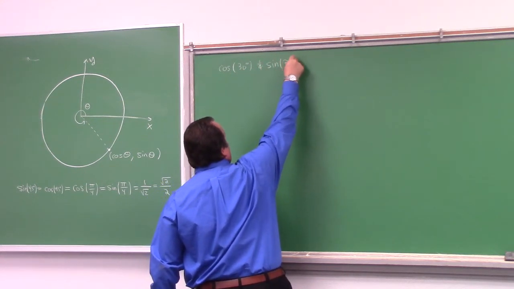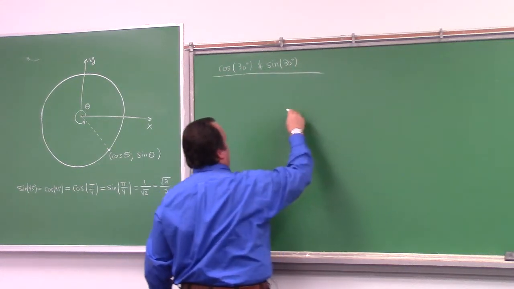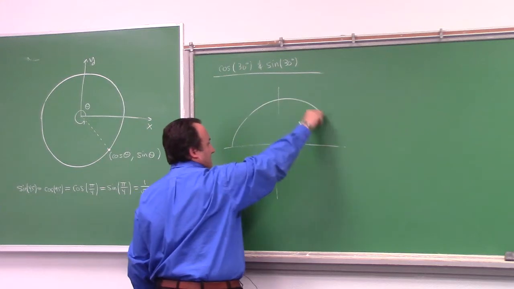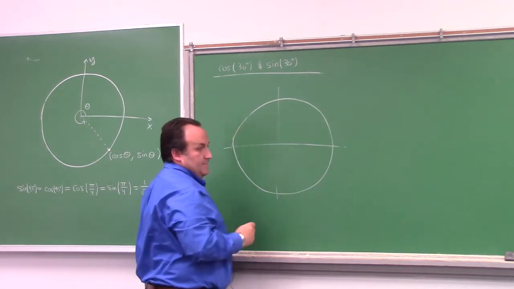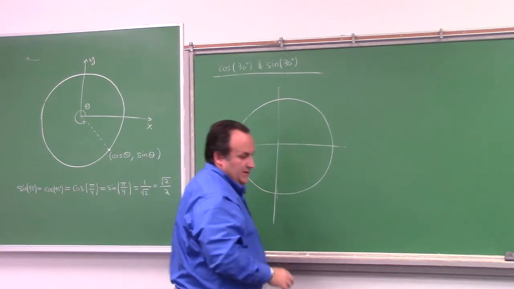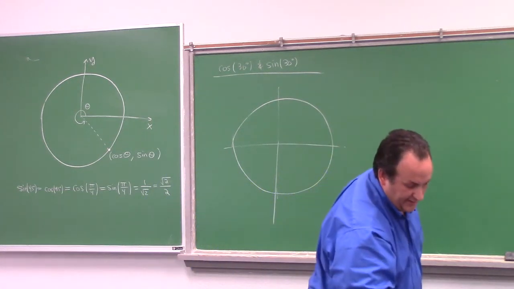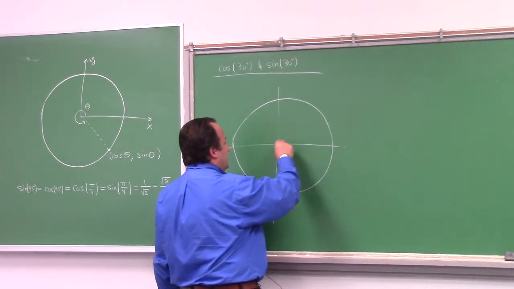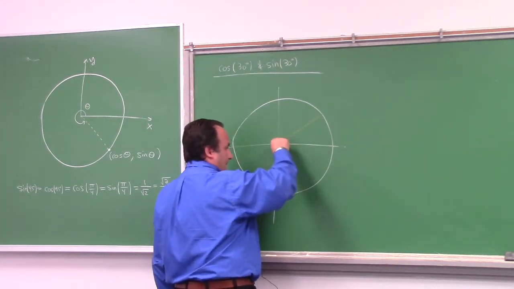How do you do that? So here's how. We have our unit circle, and what we're going to do is look at an equilateral triangle. There's an equilateral triangle you can fit here like so.